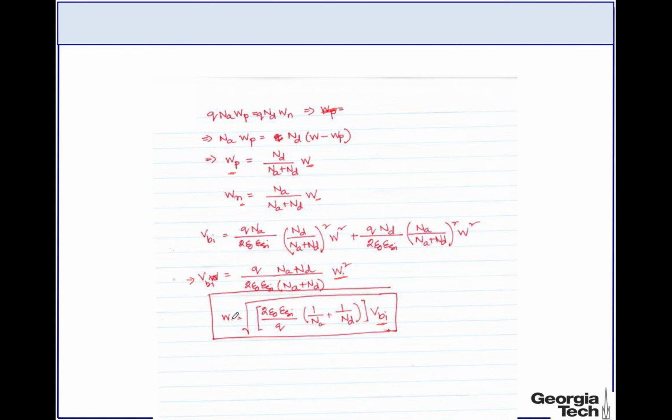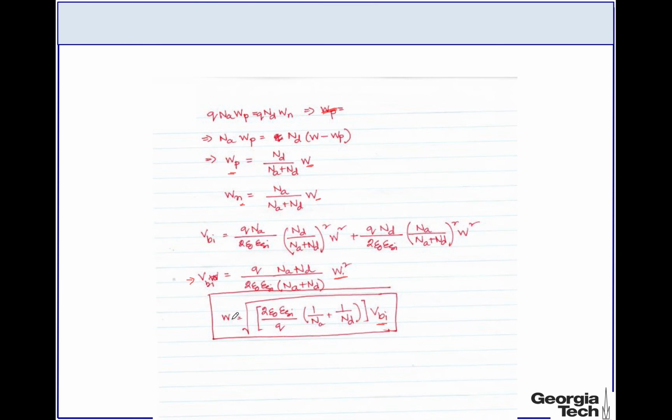Now it appears that for a given doping density, there is a certain VBI. In other words, VBI is set by the doping densities of the P side and the N side. And based on that doping density, or based on that value of VBI, our depletion width is set.